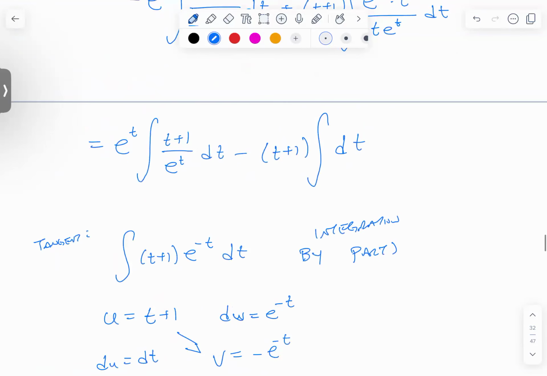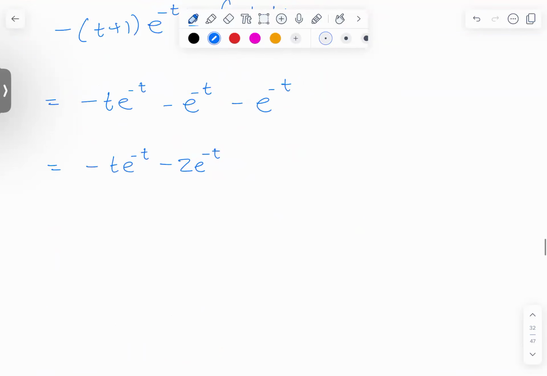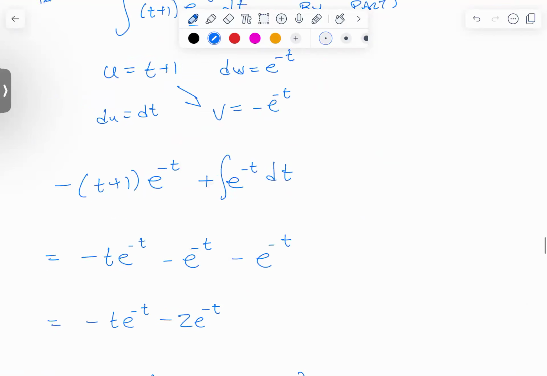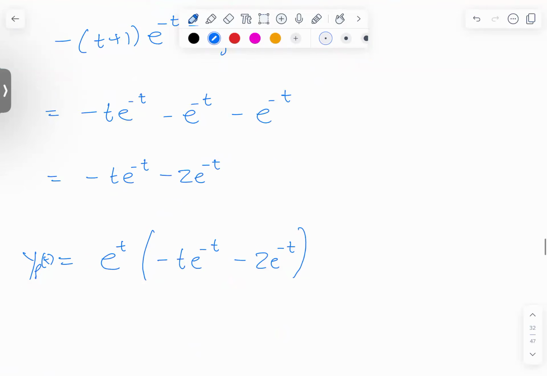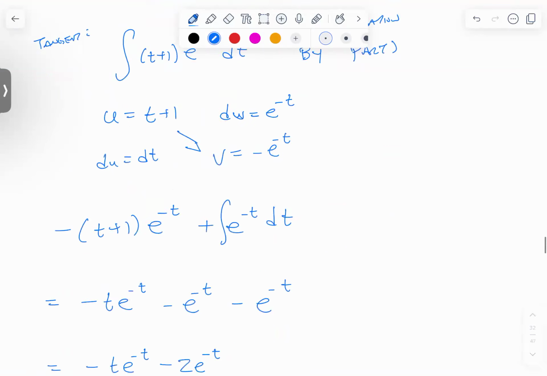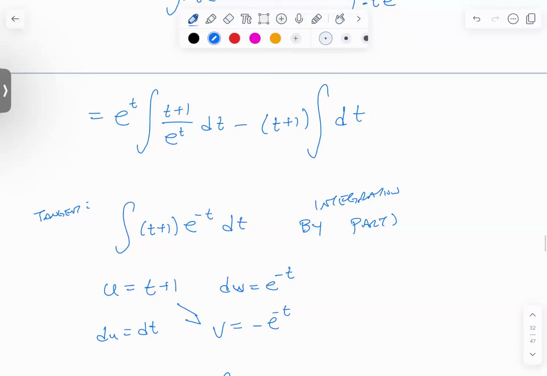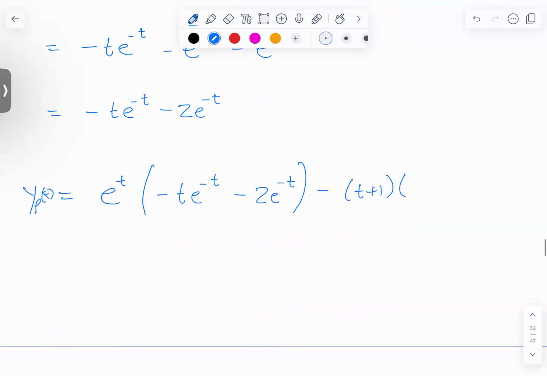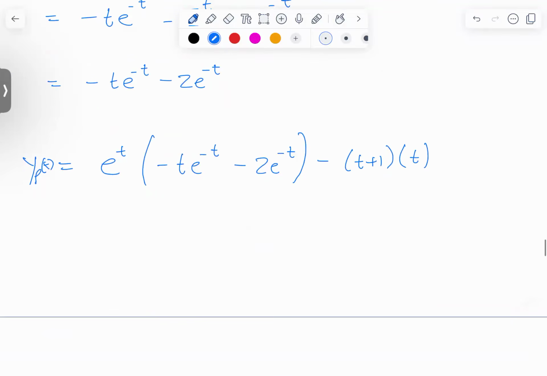Okay, so then that thing multiplied by e to the t. So back to our y of p: e to the t times negative t e to the negative t minus 2 e to the negative t. All right, the other piece, minus t plus 1 times, and then the integrated constant just becomes t. All right, so almost done. Now bring that through.